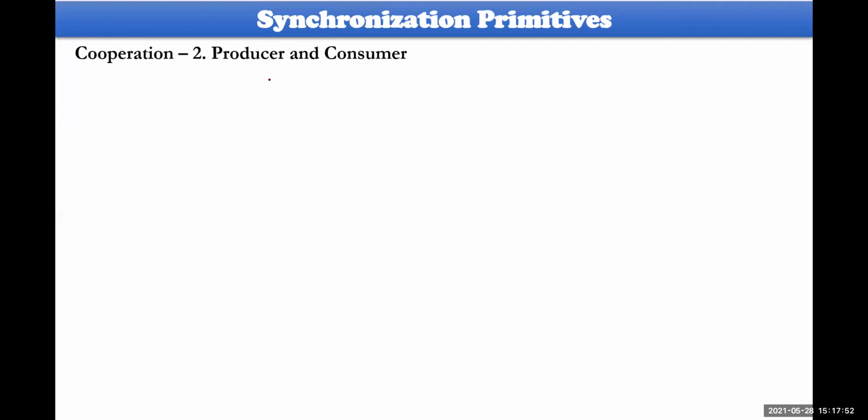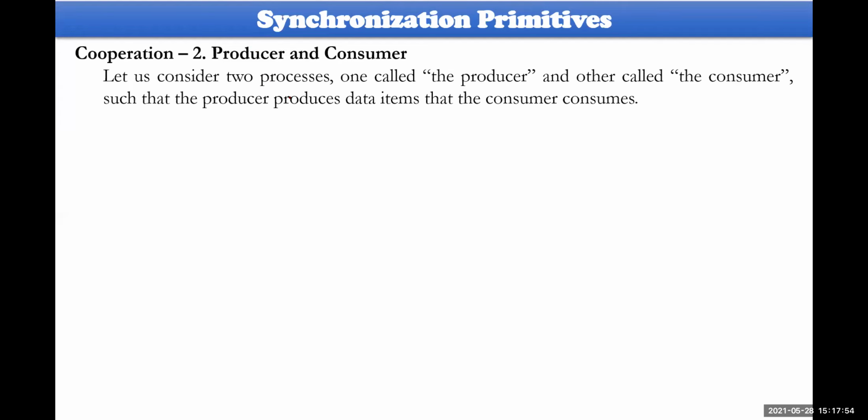So the producer is always trying to produce the data, and these data items will be supplied to the consumer. The consumer is always trying to consume those data items. For example, let me give you one example, not in terms of operating system, but in terms of a real-time system. I shall give you a producer-consumer kind of operation here.